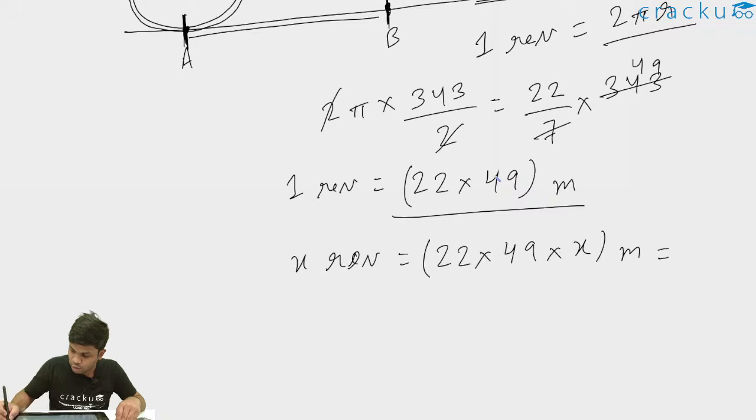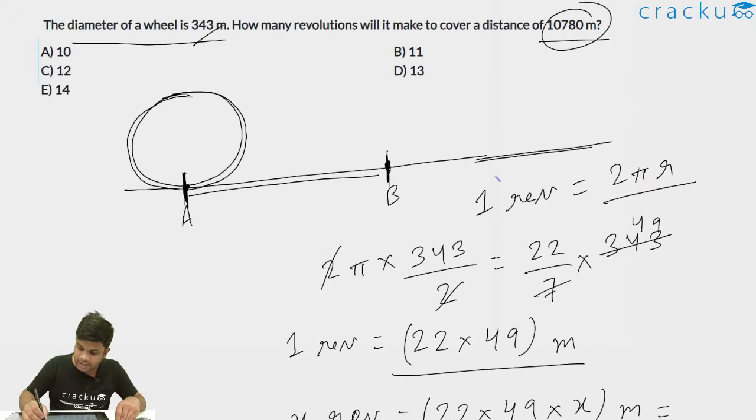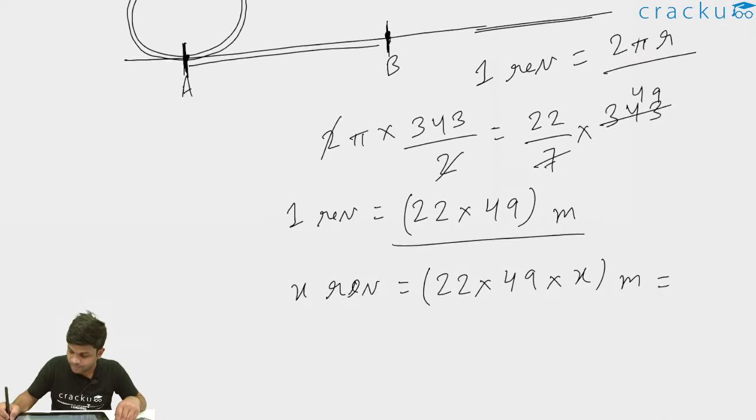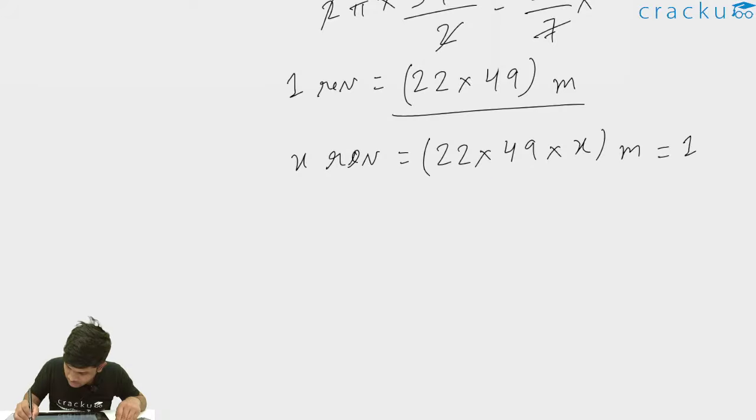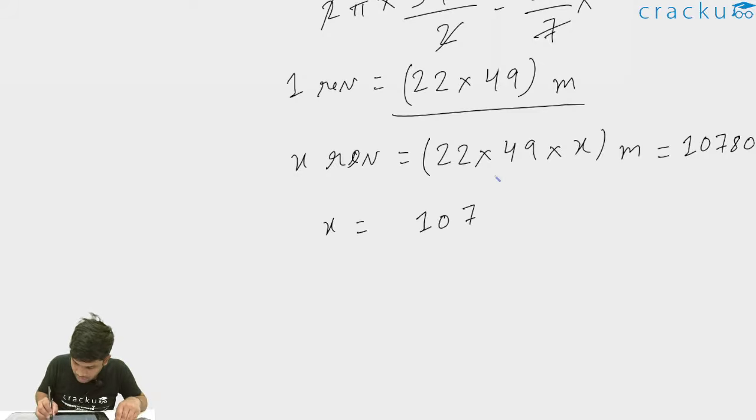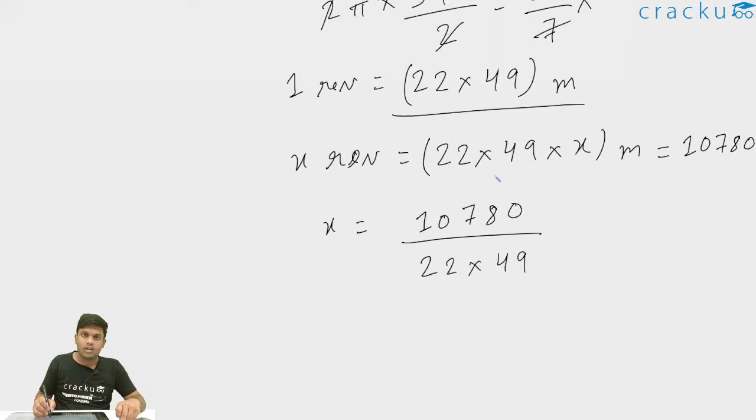This should be equal to 10,780. So from here you can get x is equal to 10,780 divided by 22 into 49.